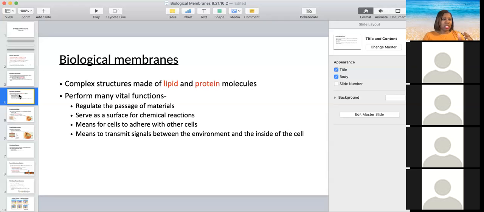Those proteins can function as receptors, and when the respective ligand for those receptors binds, there's signal transduction that takes place, and signals are sent inside of the cell. So this plasma membrane has a very important role in the cell sustaining itself.